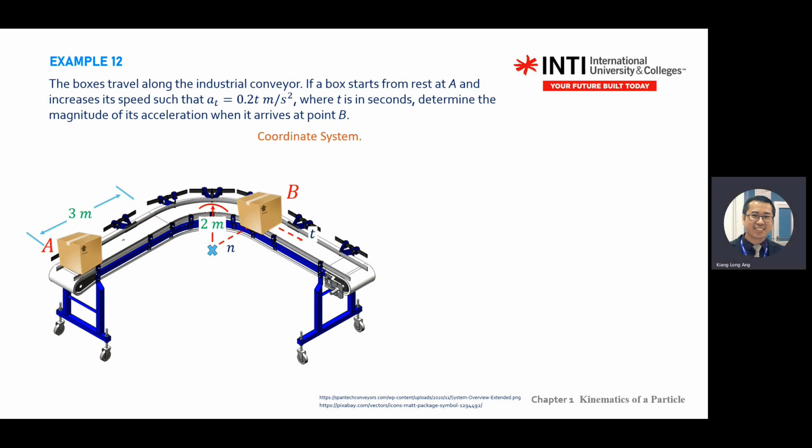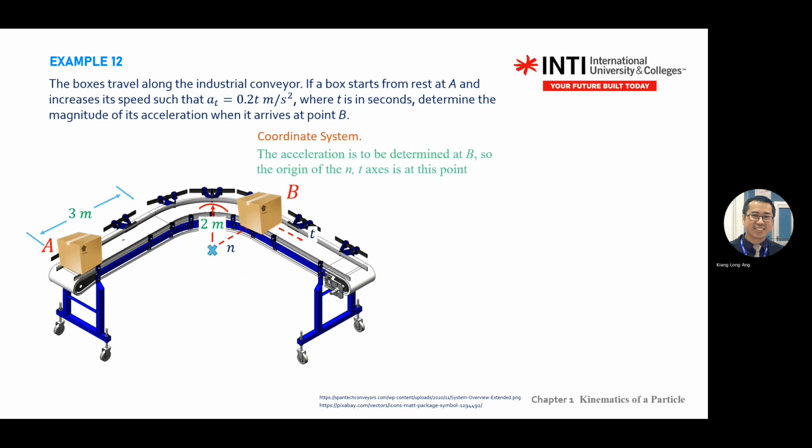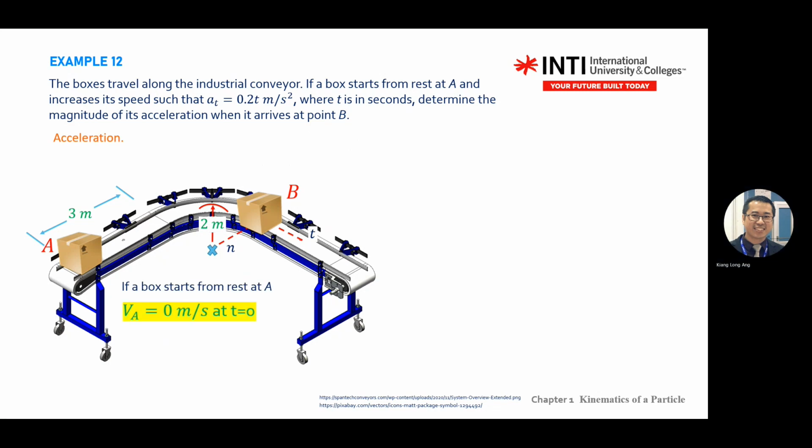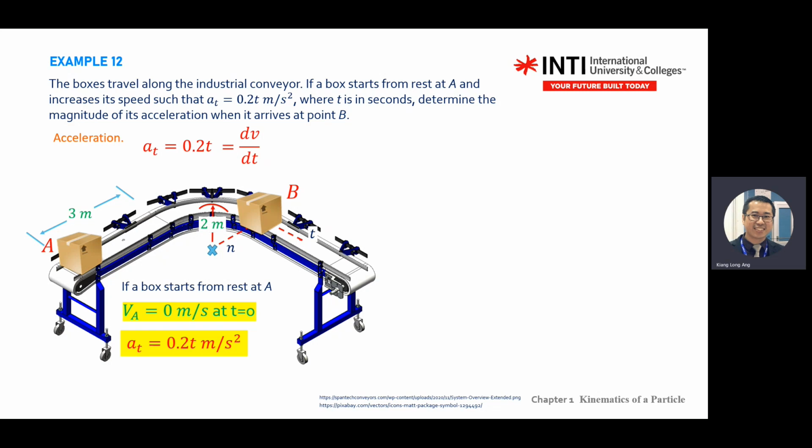It's at the end of the curve, so the normal is still pointing in, tangent going this way. Acceleration, velocity given, acceleration given 0.2 t. You want to find the velocity, you integrate.